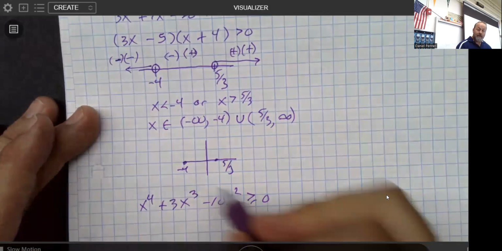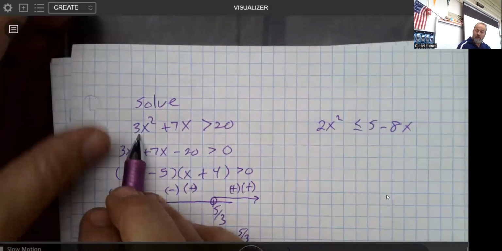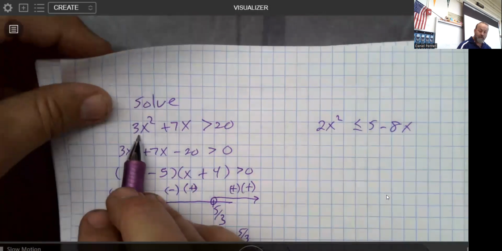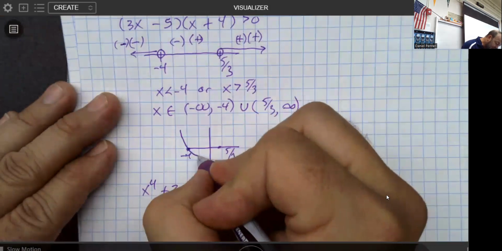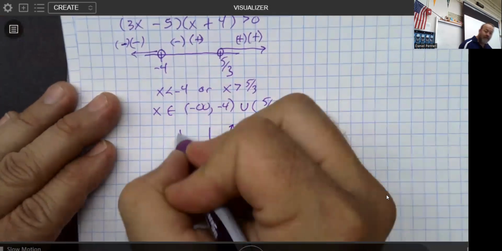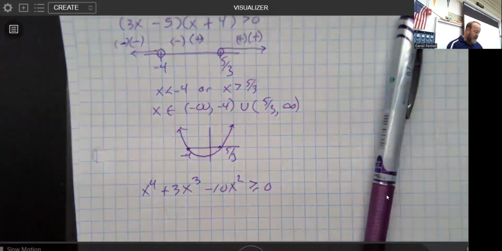This is a parabola because 3x squared with a positive leading coefficient needs to be an upward sloping parabola. So I know that it looks something like this.